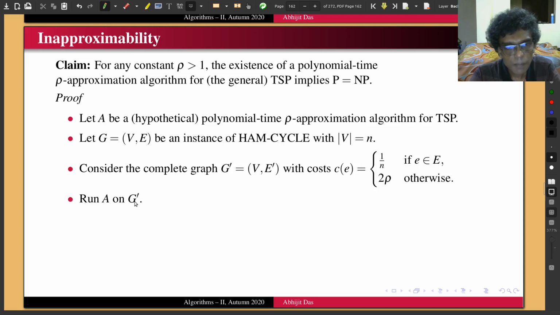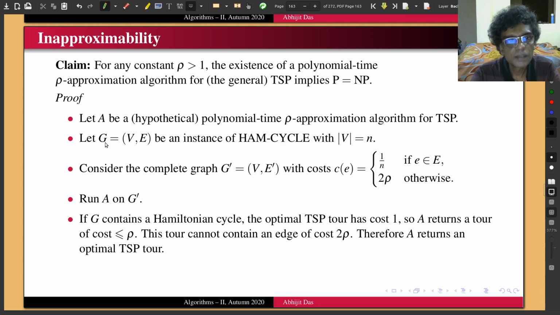So it will give you some suboptimal TSP tour. Okay. Now let us see what the cases are. Suppose that G actually contains a Hamiltonian cycle. Then this means using these edges I can complete a TSP tour, and definitely that tour is one of the optimal tours having a total cost of 1.